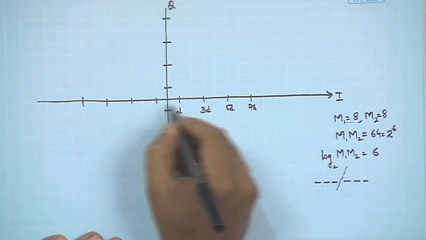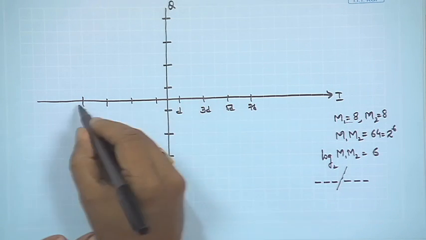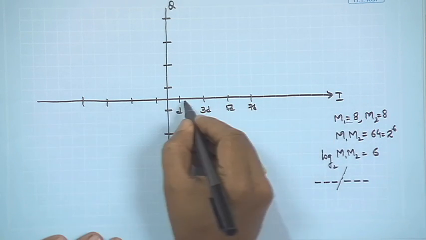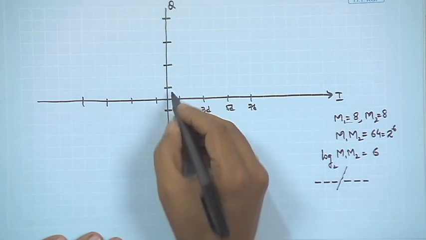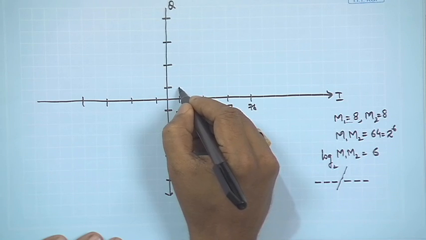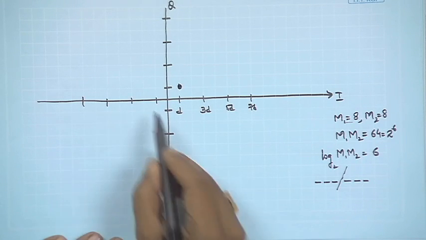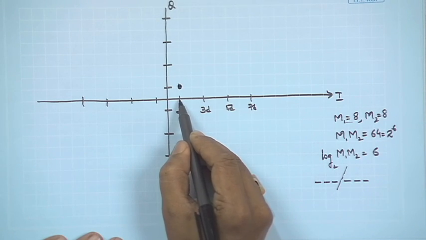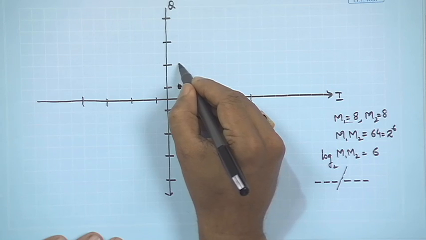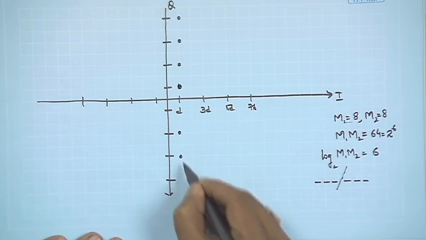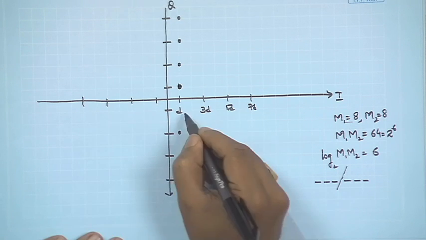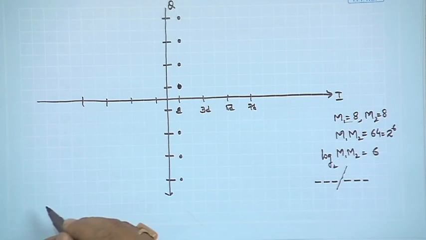So, if for example we have to select one amplitude on the I axis, suppose we choose it as D, and on the Q axis also we choose it as D. Together, the constellation point would come over here, and if it is D on the I channel and 3D on the Q channel, it will be there, and so on and so forth. So, you could choose all these points in the signal space diagram.